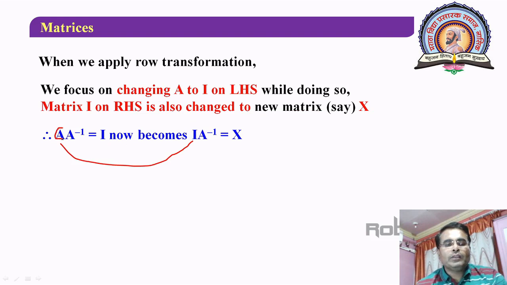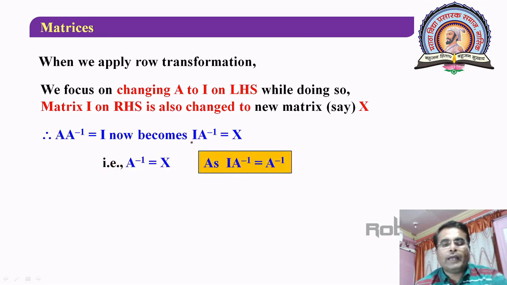At the same time, the same transformations are applied on I on the right hand side, and that reduces I to some other matrix, say X. Now, I into any matrix results in that matrix. That is, I into X, it is I into A inverse, which is A inverse, and therefore A inverse is equal to X, because I into A inverse is equal to A inverse. That is an important property of the identity matrix.